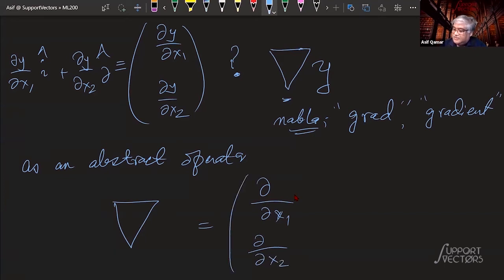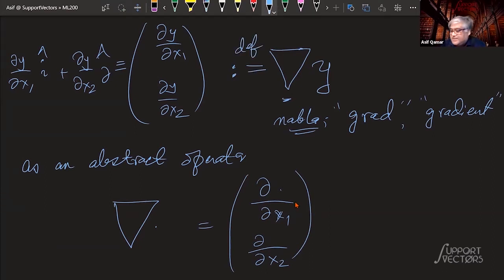Do you notice that this is very funny? A partial derivative of what? You haven't specified that. But if you put y here, it will become this. This is, by definition, the partial derivative.